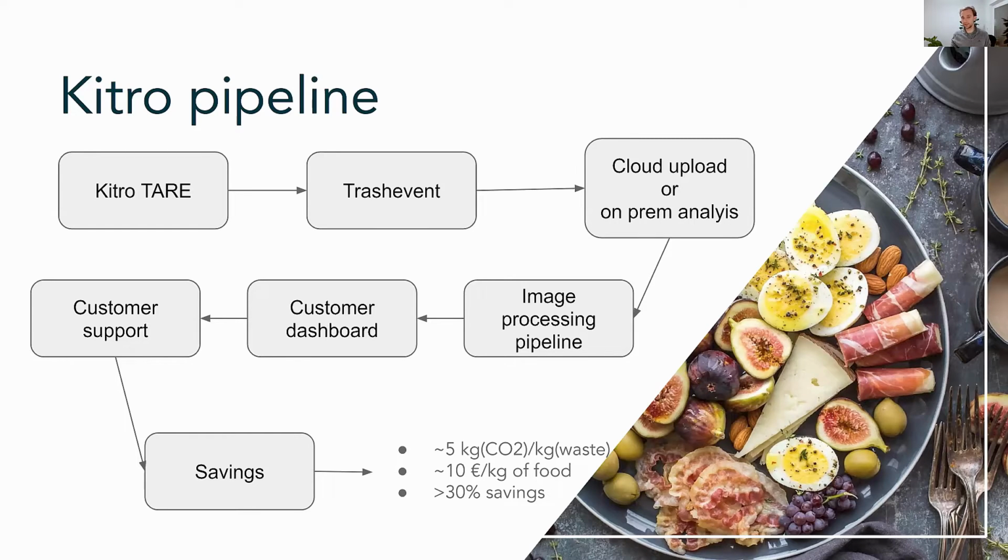In both cases, there is one machine learning image processing pipeline which has multiple stages, which analyzes the image and creates really precise statistics of the food that is getting wasted, and it both reports the class of the image and also the weight. So it's really valuable information to the customers.